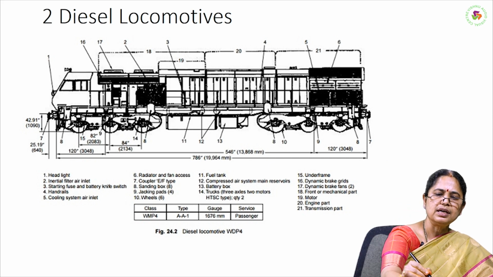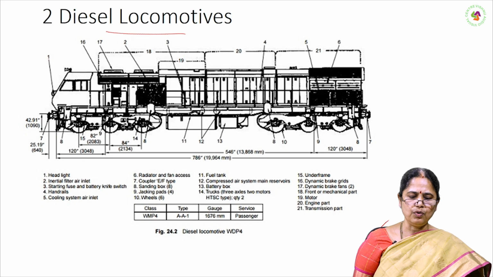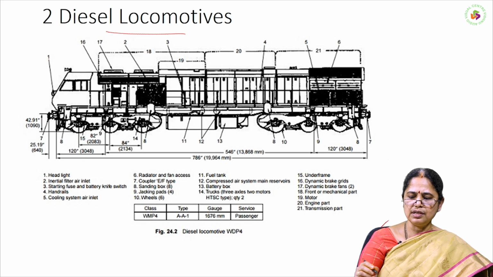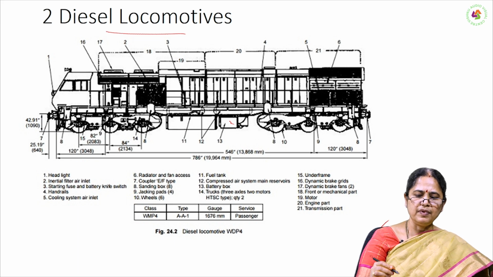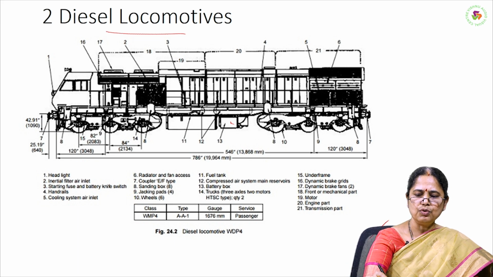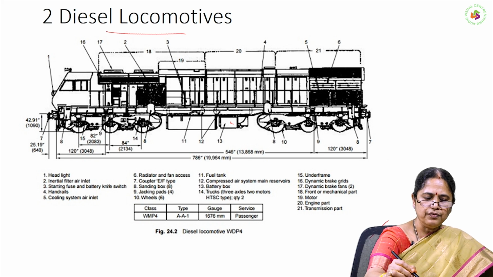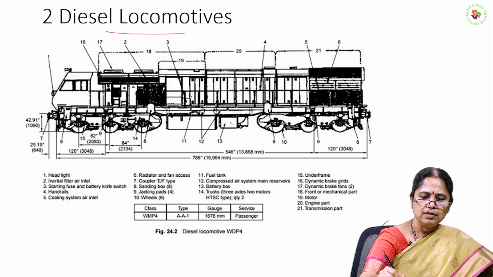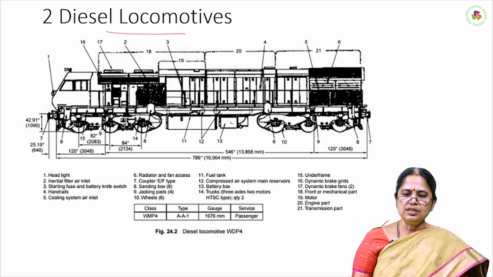So, next, the second one is the diesel locomotives. This is the schematic diagram of diesel locomotives. Here you can see the main parts. This is the battery, where you can store the electricity, and then here the starting fuse and battery switch, and the cooling system.